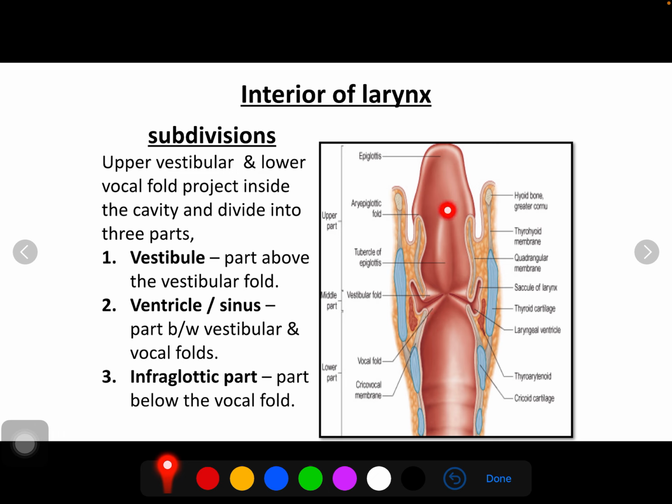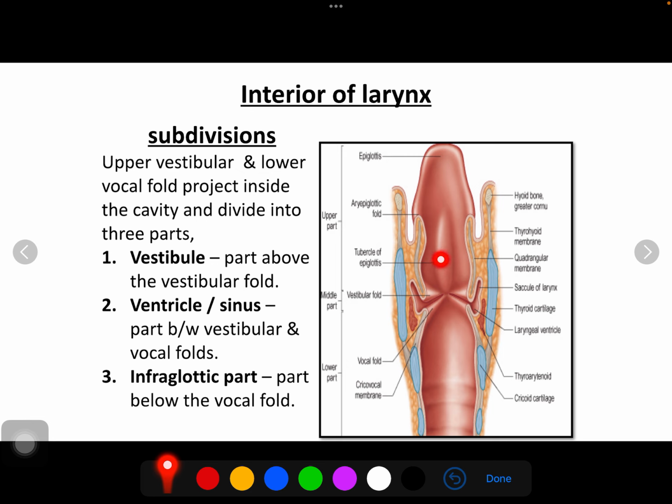First one, the vestibule or supraglottic part, that lies above the vestibular fold, this area. And the next one, this area, is called the sinus or ventricle of larynx, that is between the vestibular and the vocal fold. Then the third one is called the infraglottic part, that is the part below the vocal fold.